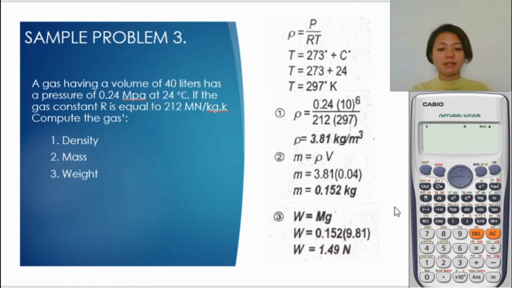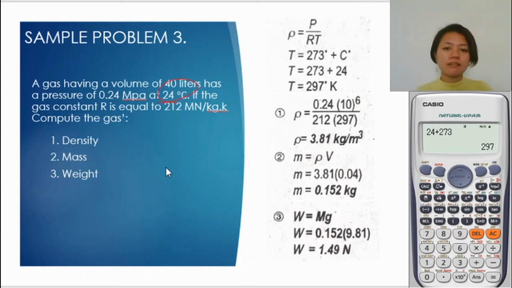Let's get the temperature first. The given is 24 degrees Celsius, so we convert it into Kelvin by adding 273. We have 297 Kelvin. Then our pressure is 0.24 megapascals.